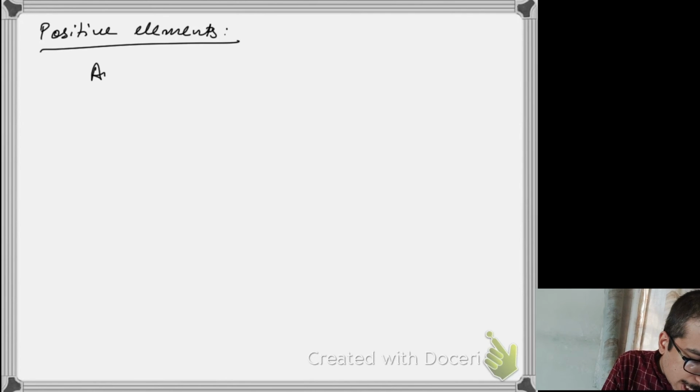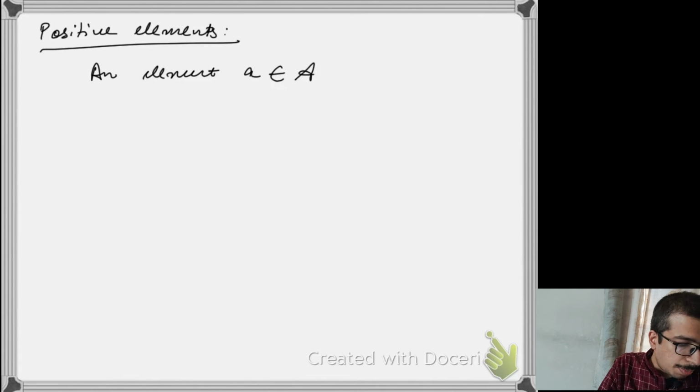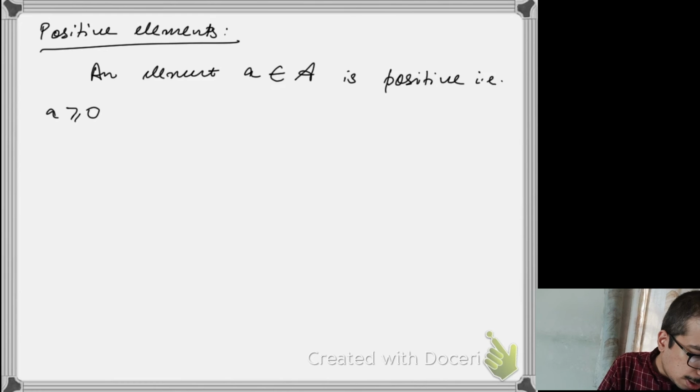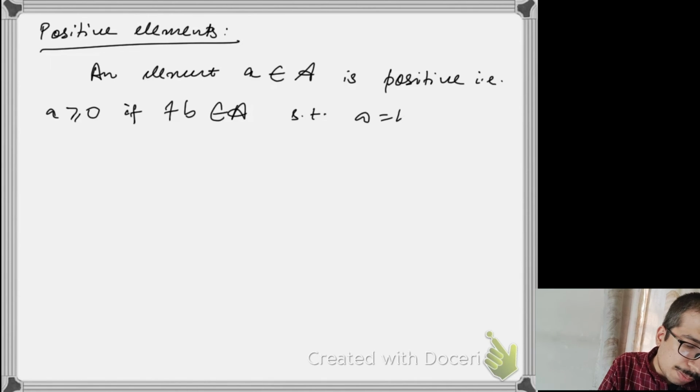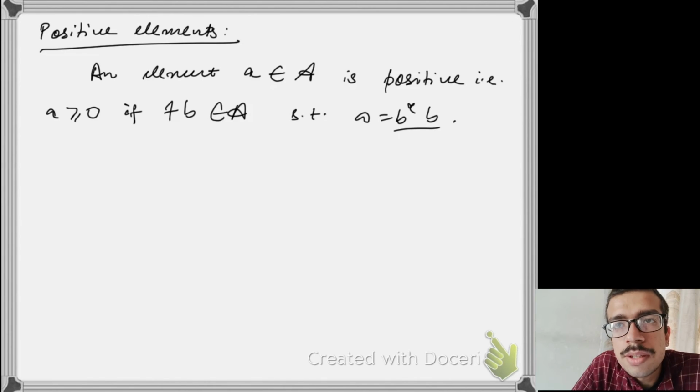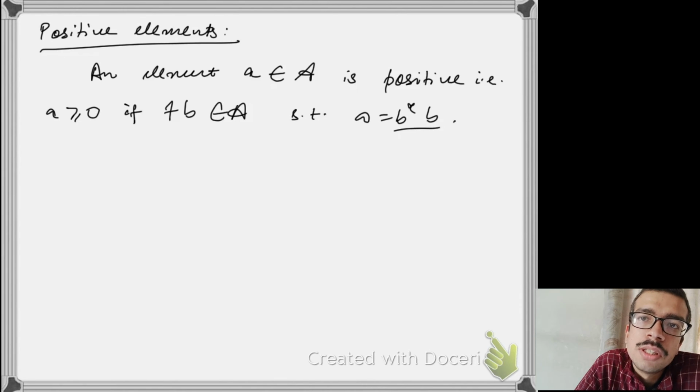An element A in this algebra is positive, that is A is greater than or equal to 0, if there exists B in the algebra such that A equals B star B. So we are trying to generalize the notion of positive operators to a general C-star algebra. On bounded operators we know that an operator O is positive if the inner product of psi with O psi is always greater than or equal to 0 for all psi.